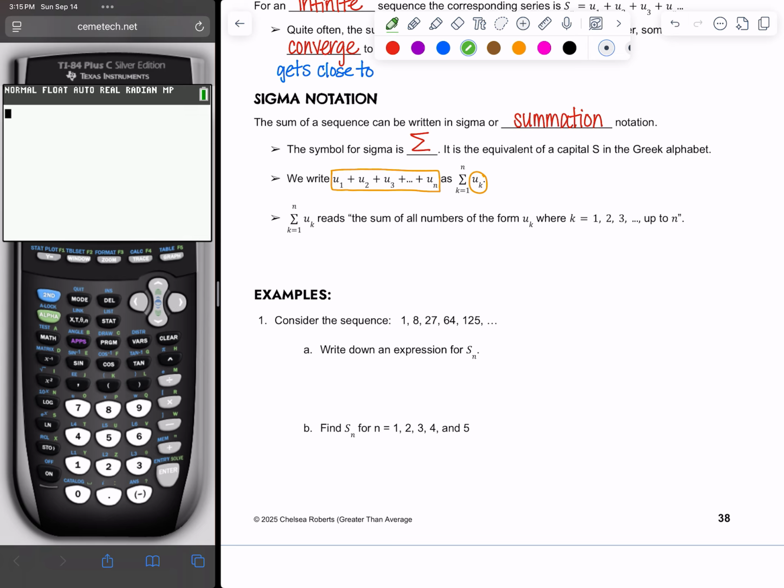So what I could say here is that my sum will be equal to 1 to the power of 3, which is 1, plus 2 to the power of 3, which is 8, plus 3 to the power of 3, which is 27, plus 4 to the power of 3, which is 64, plus 5 to the power of 3, which is 125.